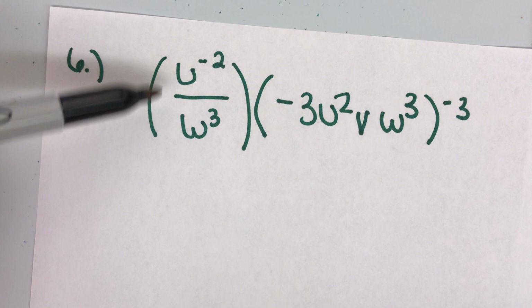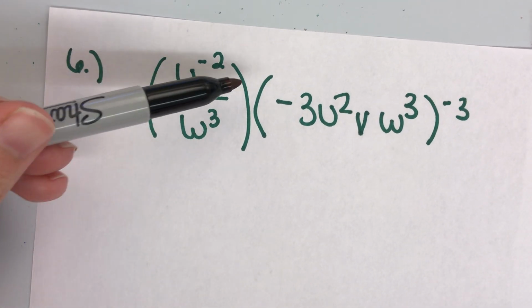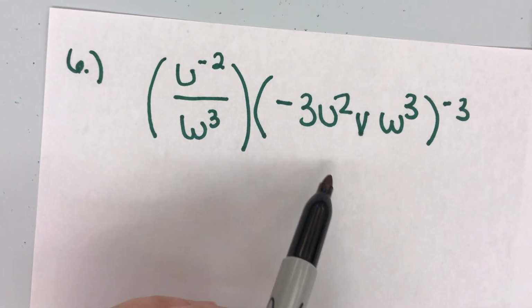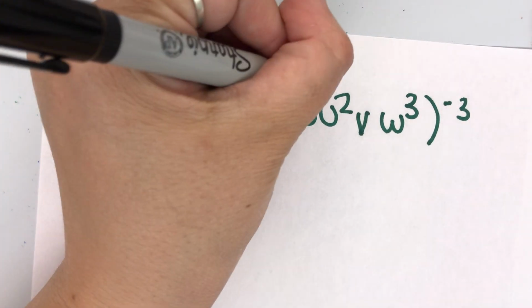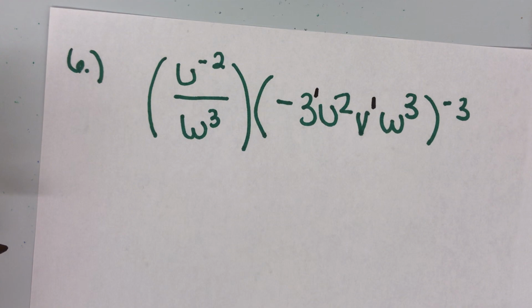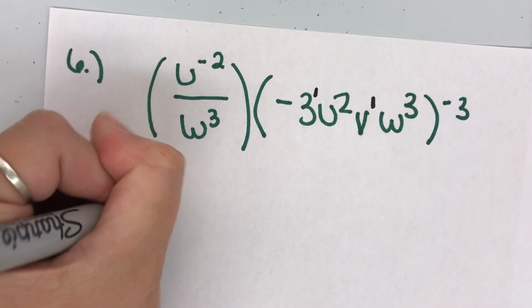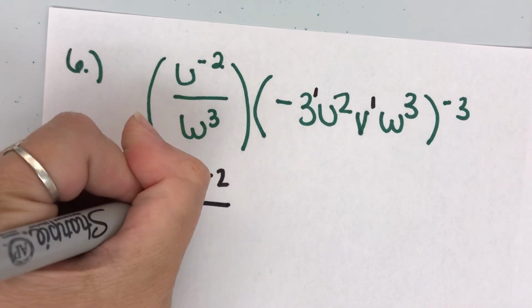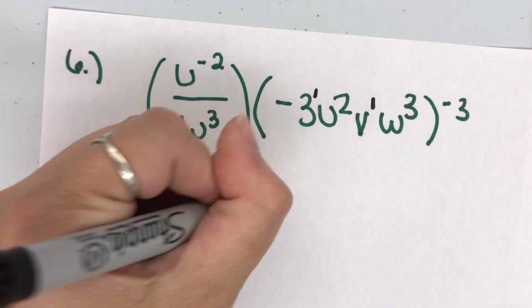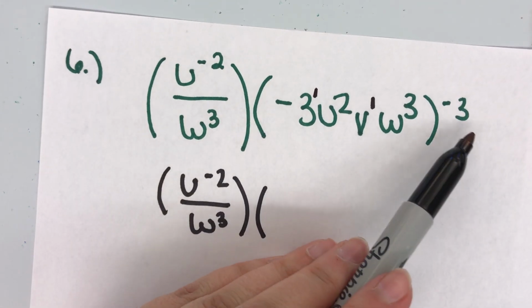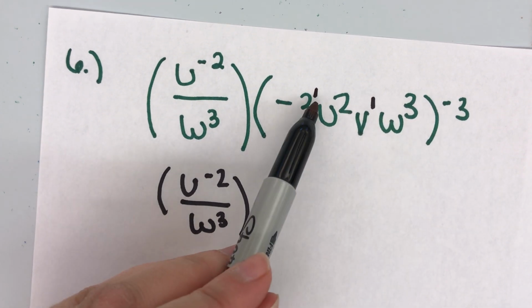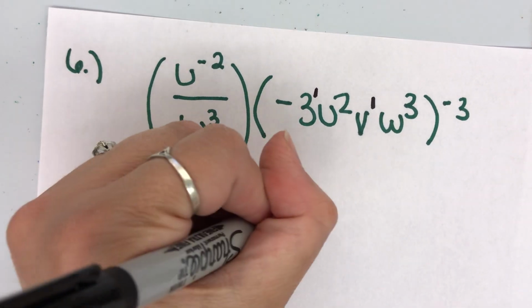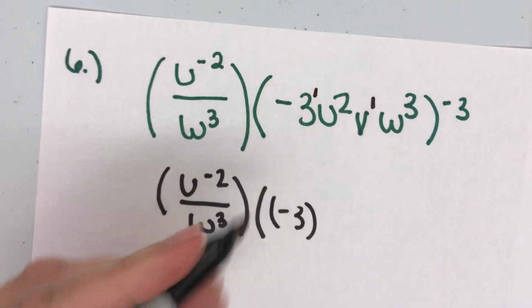So in this first one, parentheses here, there's nothing I can do, and there's nothing outside. But I notice in the second parentheses, there's a -3 on the outside. So the first thing I'm going to do is go through and put ones in. And I am going to leave the first set of parentheses exactly the way it is. I'm going to take the second set of parentheses and raise all of these exponents to the -3rd through multiplication. So I get -3 in parentheses.